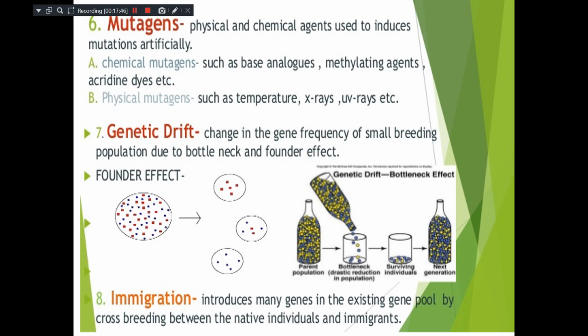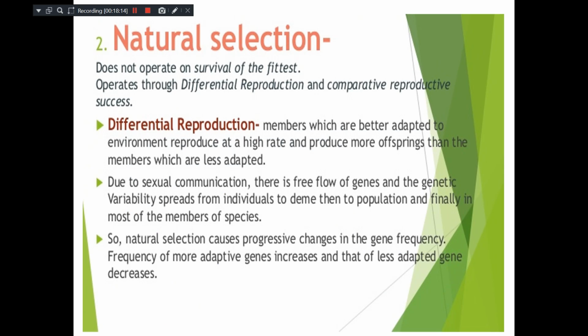When immigration takes place, some new genes from the immigrated population join the resident population, and when there is crossbreeding between the native or resident individuals and migrants, new genes are introduced to the existing gene pool.